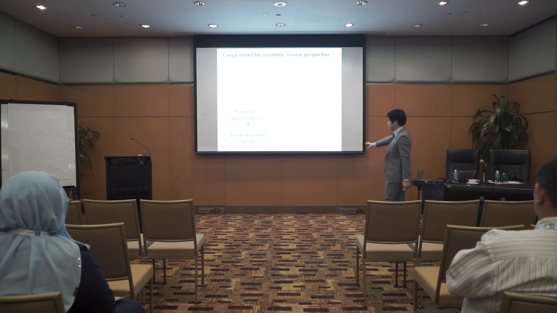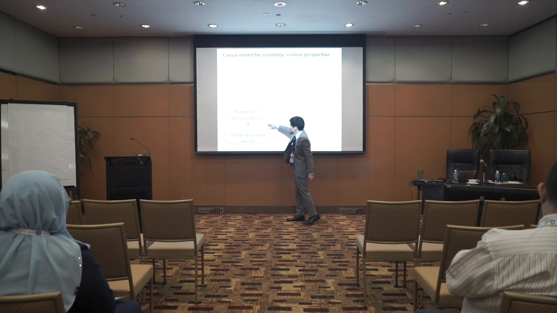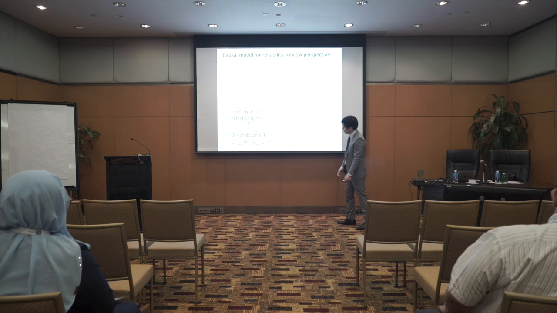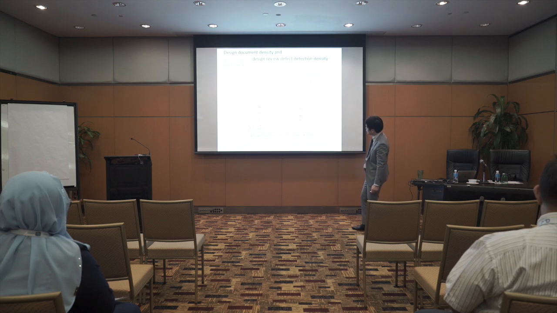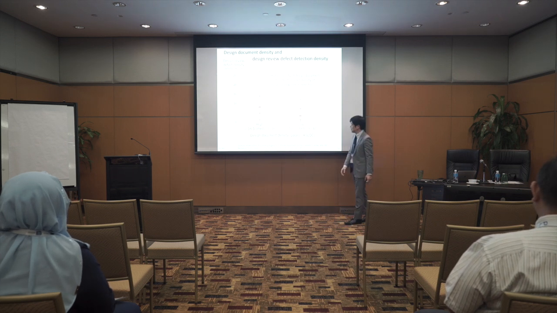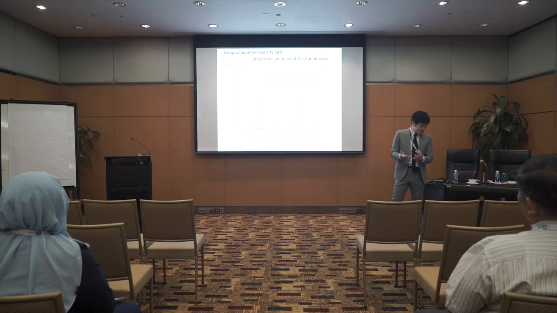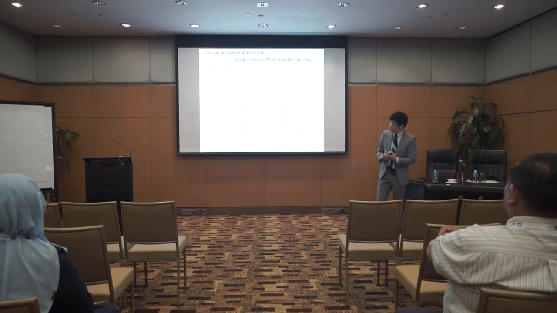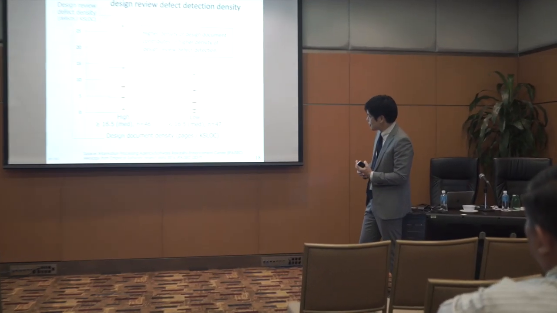And also, let me look at the relationship between review defect detection density and the design document density. The x-axis represents the design document density, which means the number of pages of design document per kilo source lines of code.